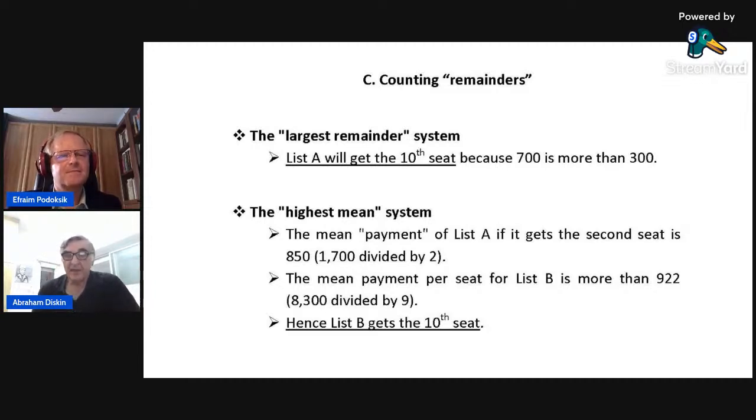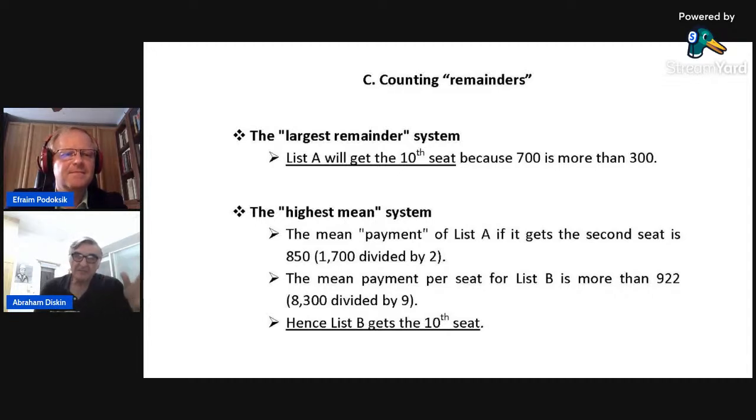The agreement holds only if both parties overcame the threshold. If one of these parties did not overcome the threshold, the votes are not counted. But if both parties overcame the threshold, what we do is something very simple. We regard the agreement between the parties as a single party.